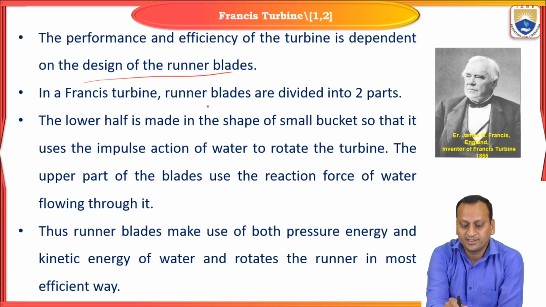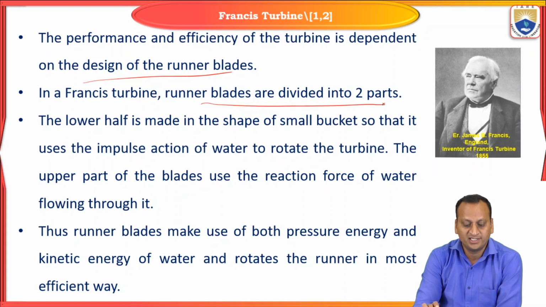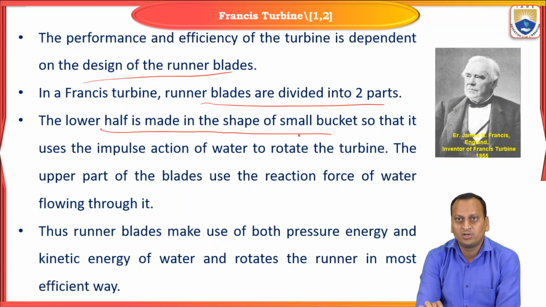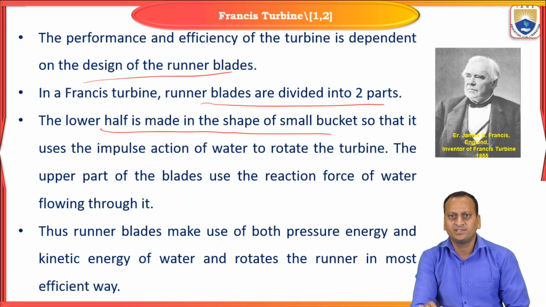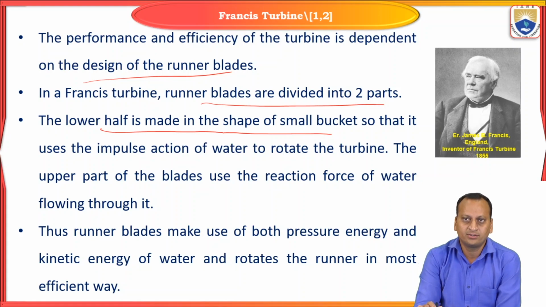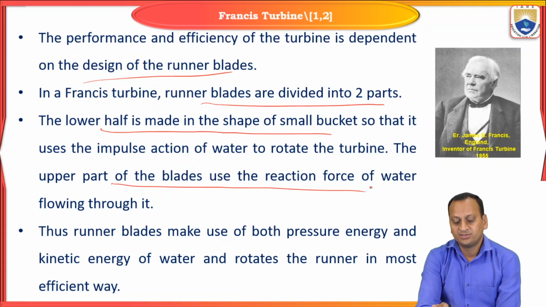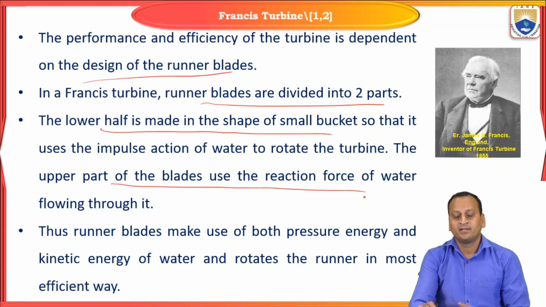In a Francis turbine, runner blades are divided into two parts. The lower half is made in the shape of a small bucket, so that it uses the impulsive action of water to rotate the turbine. The upper part of the blade uses the reaction force of water flowing through it. So there are two parts.